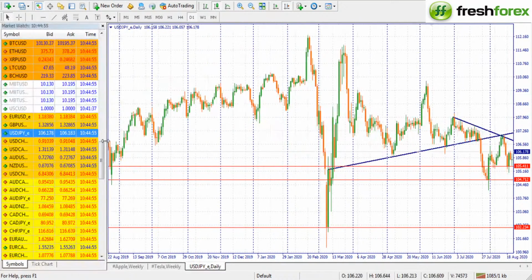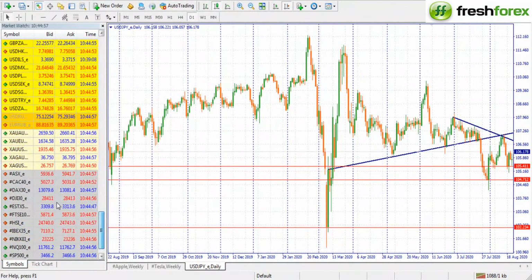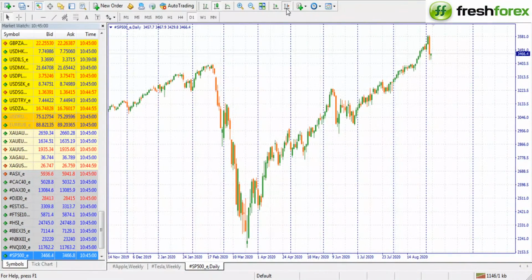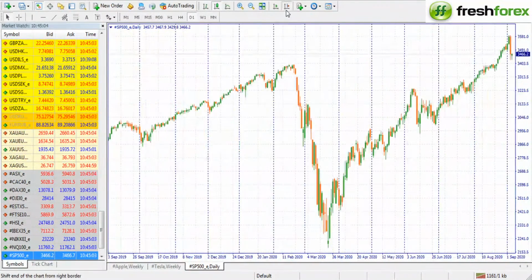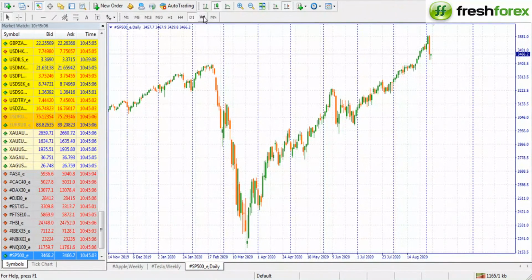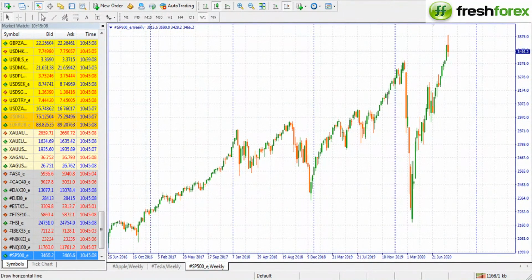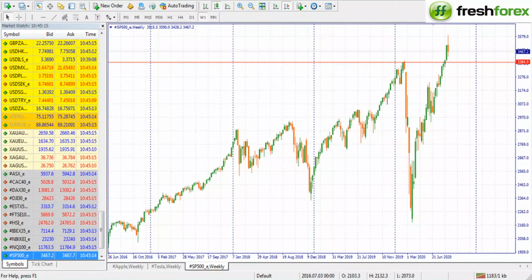The next chart we look at is SP500. The previous day's candle actually pulled back much lower than we expected. We still expect more momentum to the lower side. We expect a pullback up to this point, 3384.9.